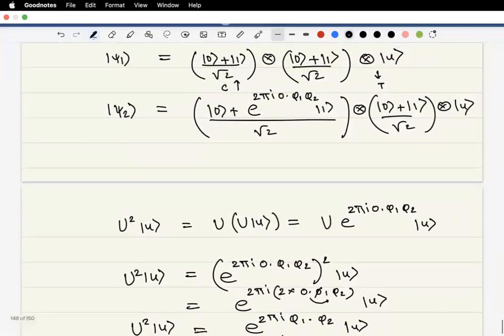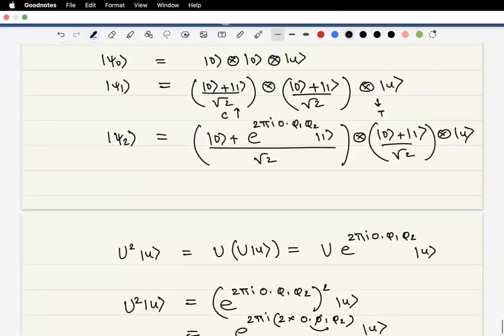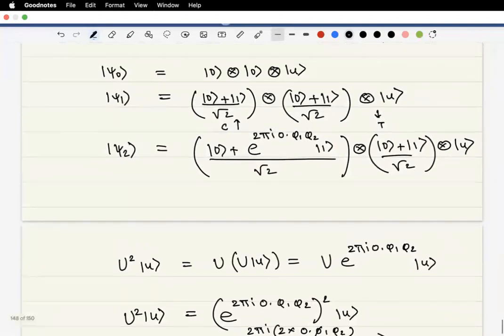Now, when I do the same thing over here, the phase, which will be the phase of u square applied to u, will get kicked back over here. Right?